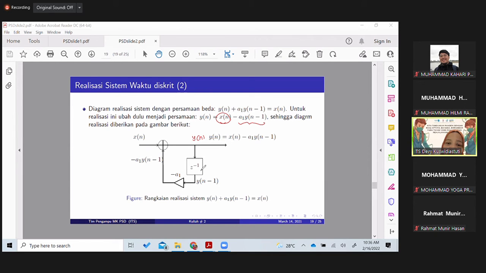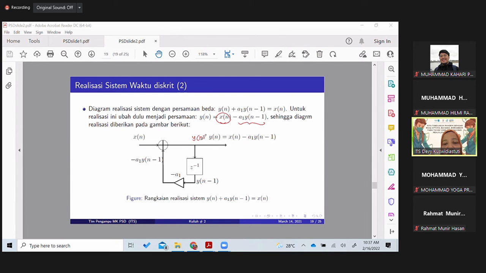So it is stored as a shifted version of yn, the previous output value, and then it is multiplied with minus a1 here, and then we sum it up with the xn.